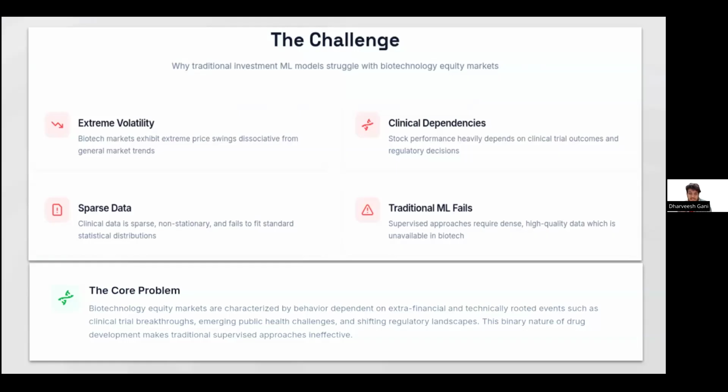The behavior, the returns or the performance, of a particular biotech stock depends not only on the general market features and the revenue or market performance of the stock, but on extra financial features, such as clinical dependencies. For example, a company that specializes in the COVID vaccine, in mRNA technology, was specifically well poised to make huge profits during that public health emergency.